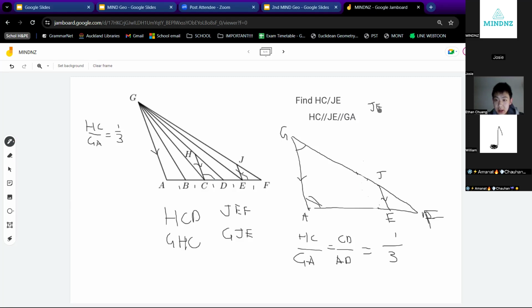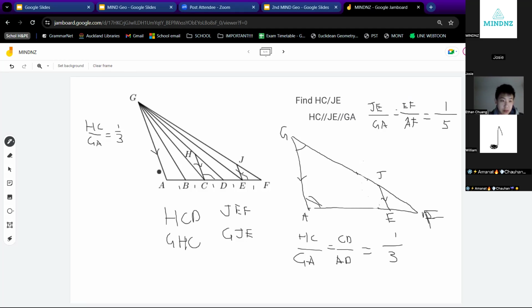So we know JE over GA equals EF over AF, right? And again, we know that EF equals 1, and then we know AF is 5.